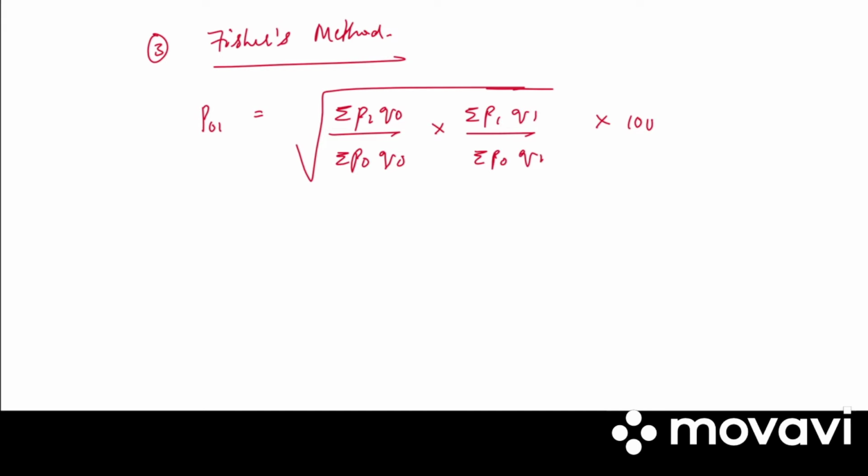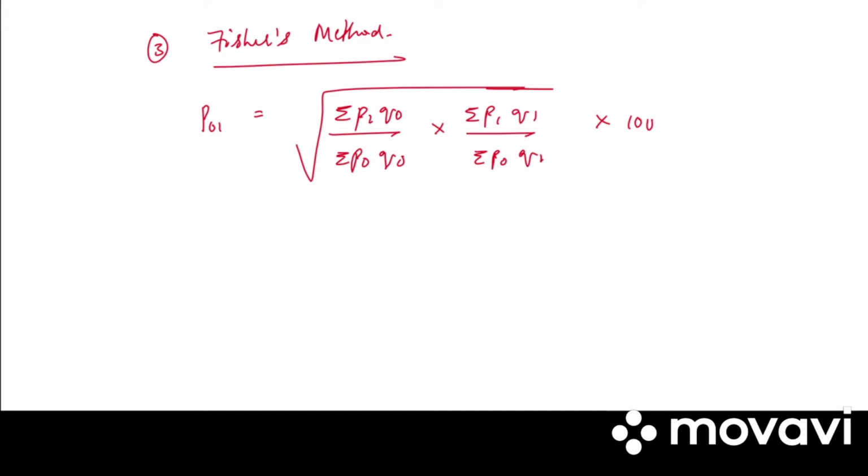So what is time reversal test? It means that if we change the base year to the current year or vice versa, the product of both the indices should be equal to unity, that is 1. What is factor reversal test?